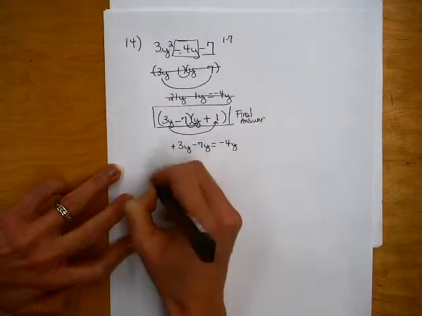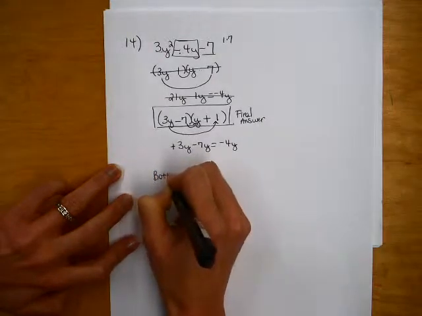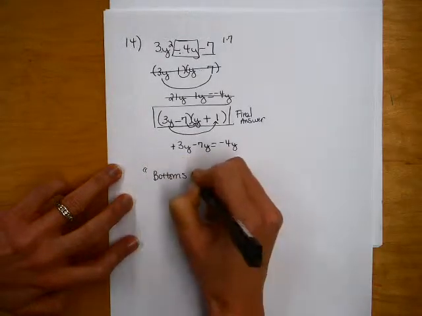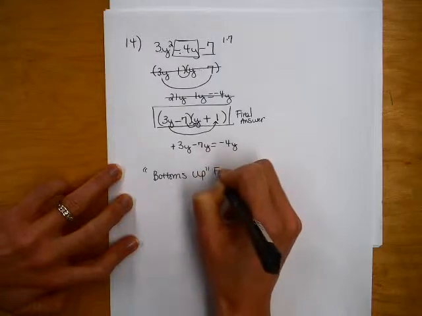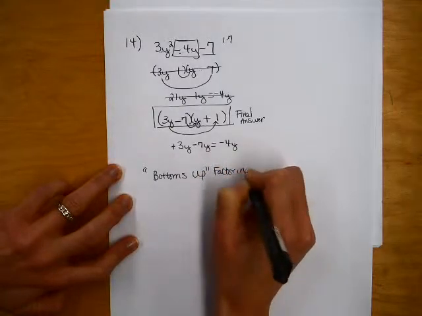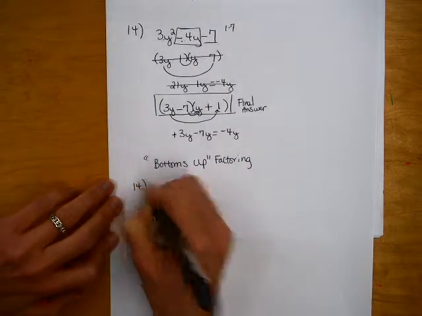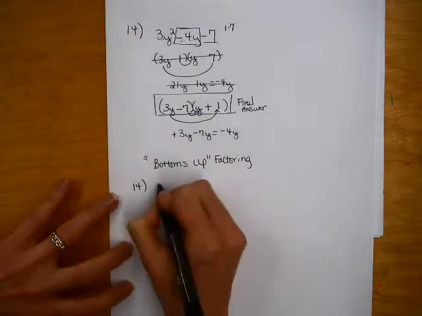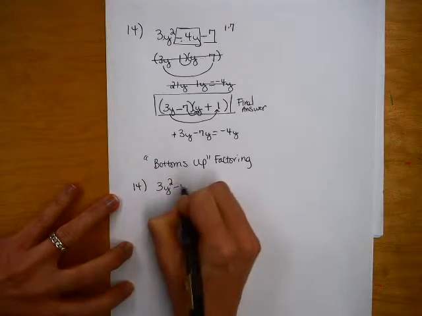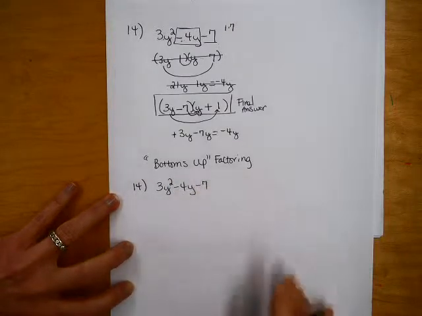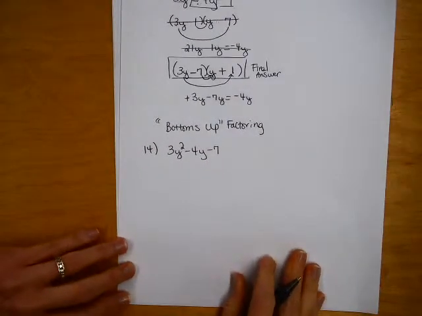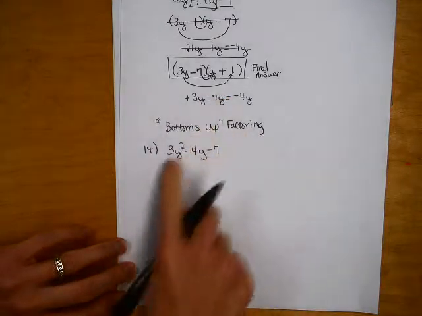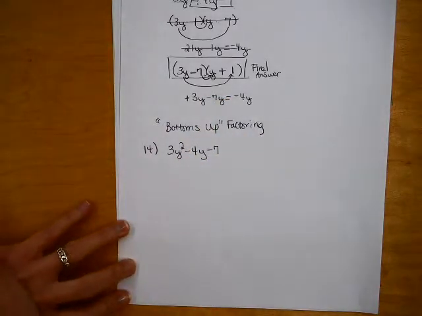Now, an alternative method to doing that same problem is called bottoms-up factoring. So I'm going to rework 14 using that same problem, 3y squared minus 4y minus 7, but I'm going to use a different technique. If you don't like guess and check, this might be better for you.